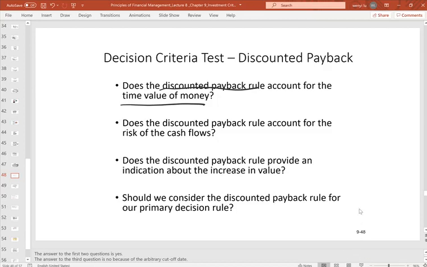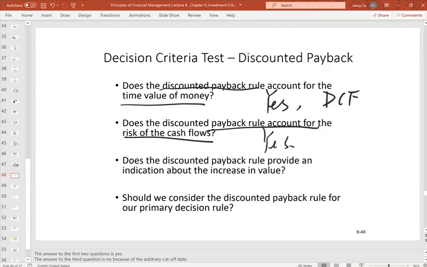However, does our discounted payback period method account for the risk of the cash flow?